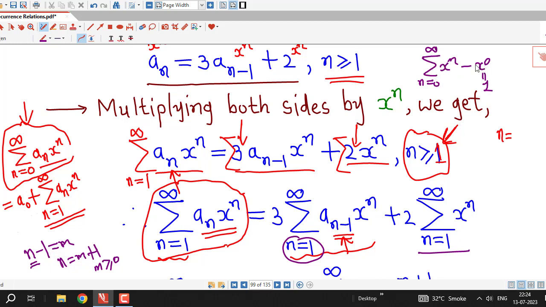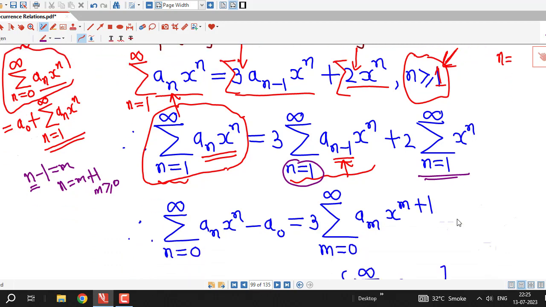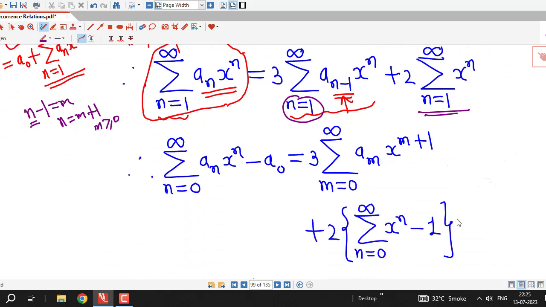So if I subtract the first term corresponding to n equal to 0, I will obtain this summation. In the next step, I have done these things here.